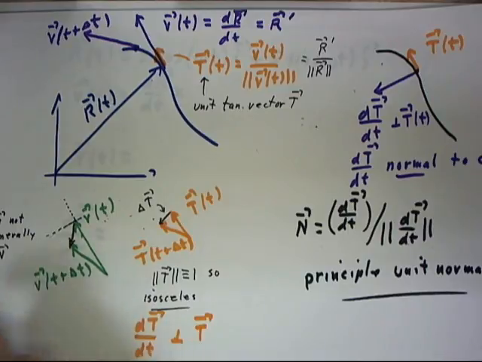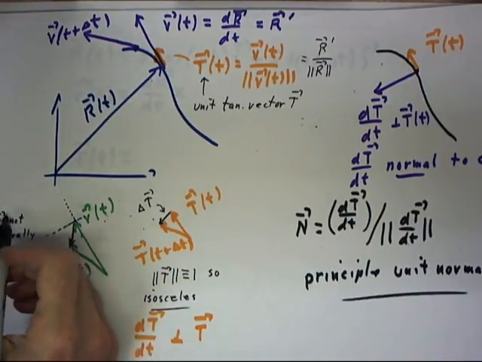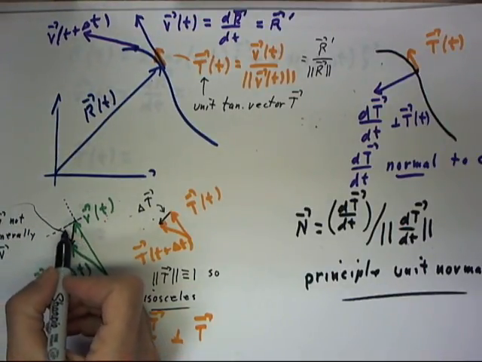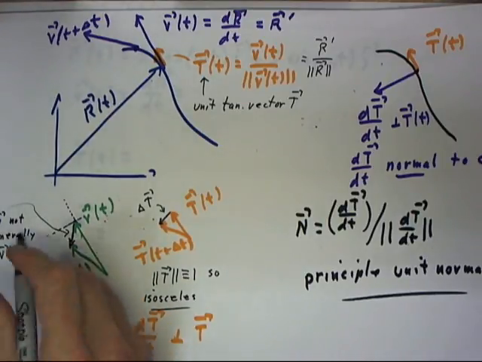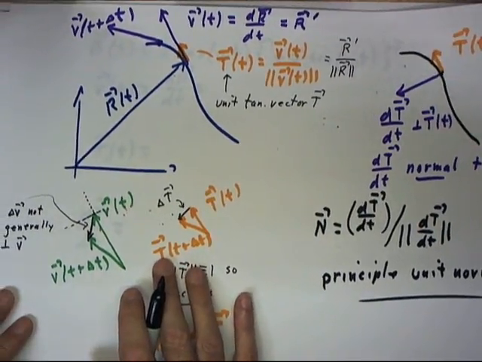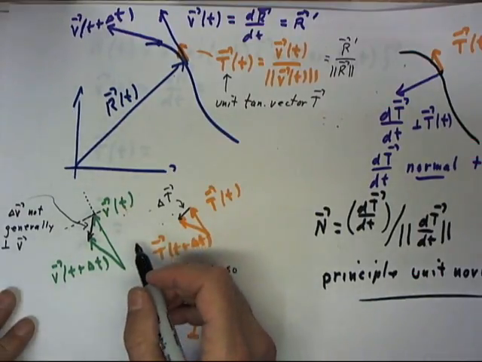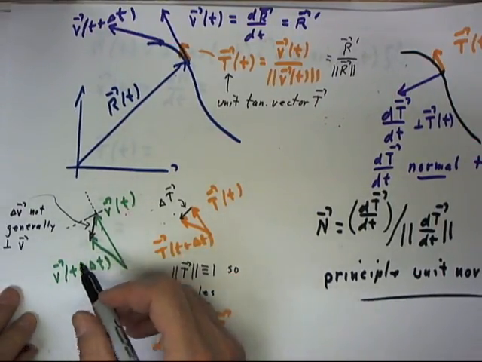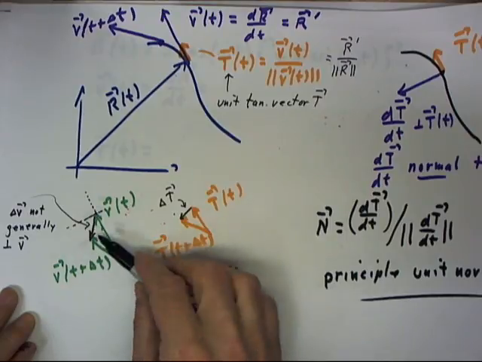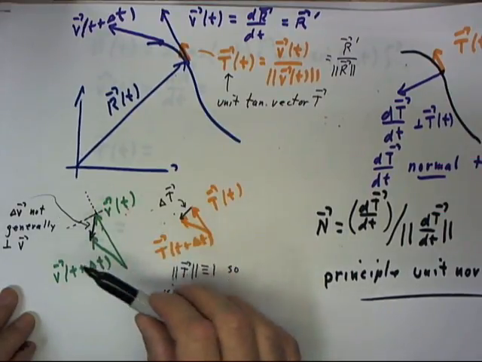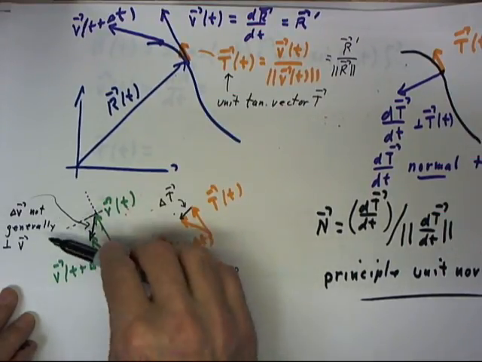So first thing we see is our delta v, which is just this vector, is not generally perpendicular to our velocity vector. And that's only going to be true if, as in preceding clips, the magnitude of the velocity vector remains constant in the limit.